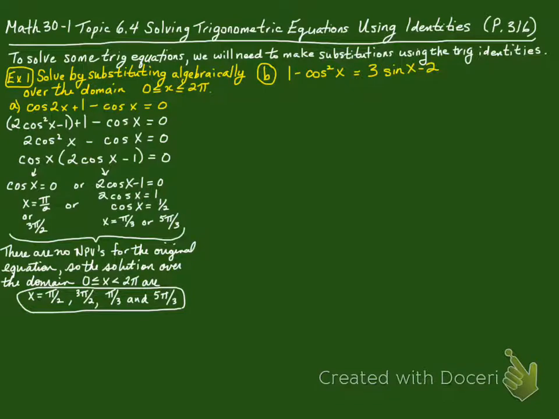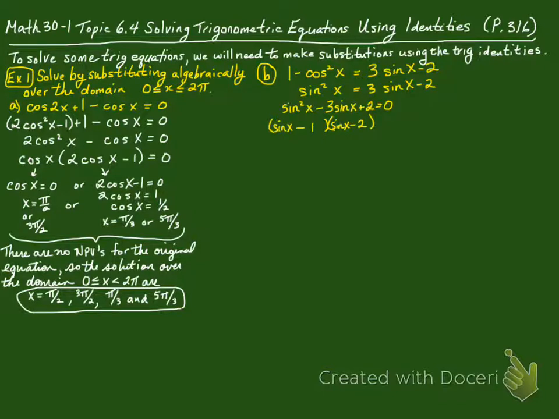For part B, it says 1 minus cos squared of x equals 3 sine of x minus 2. Well, we know 1 minus cos squared of x is sine squared of x, so we'll do that substitution. Now, if you bring everything over to one side, we have sine squared of x minus 3 sine of x plus 2, and we can factor this because it's really a trinomial.